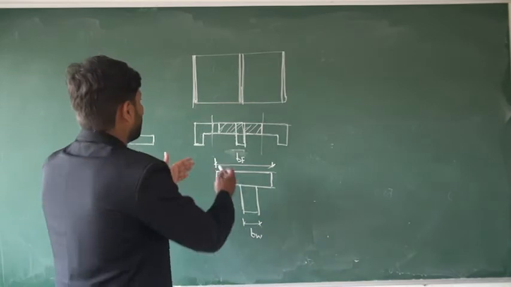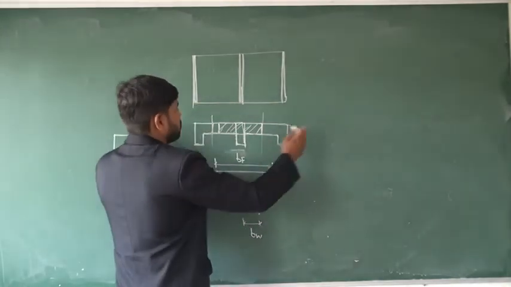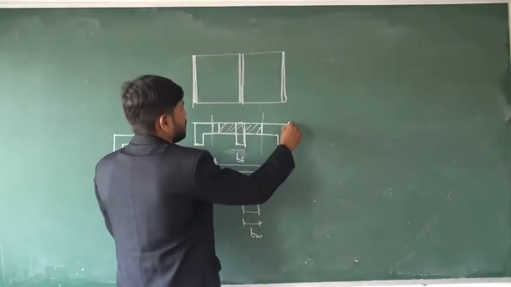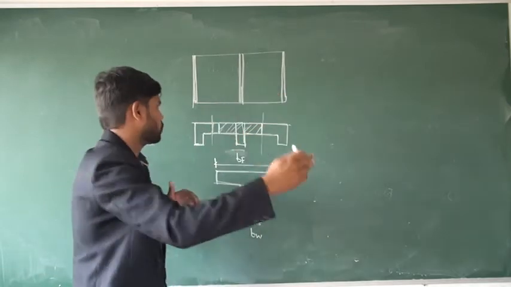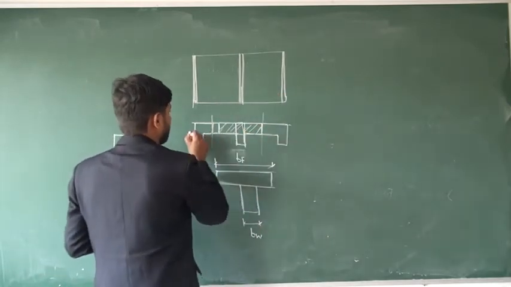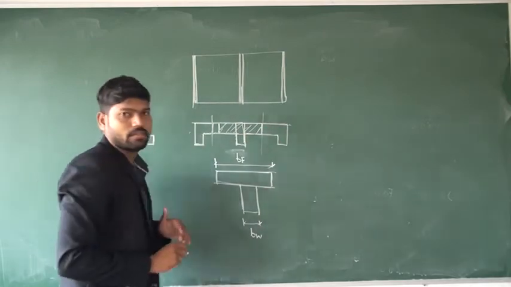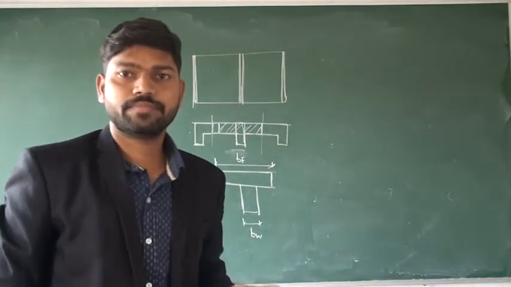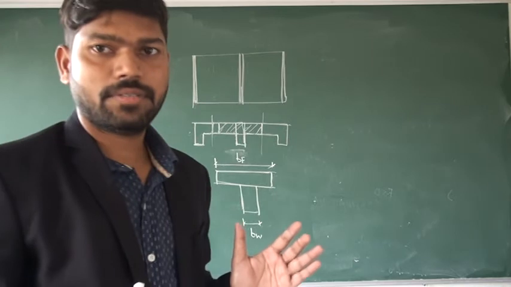The slab extends up to the boundary of the slab. So if you see here, the slab ends over here and the slab on the other side ends over here. So what should be the width of flange?